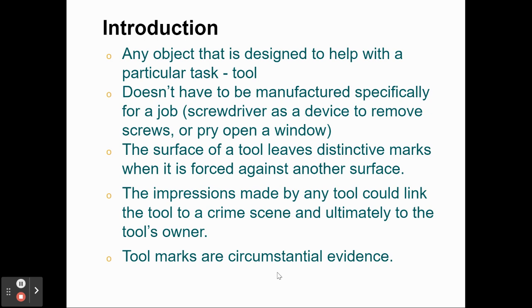Most of the time, almost exclusively, tool marks are going to be circumstantial evidence. Again, the idea is that they imply the existence of a fact, but they don't necessarily prove it, right?